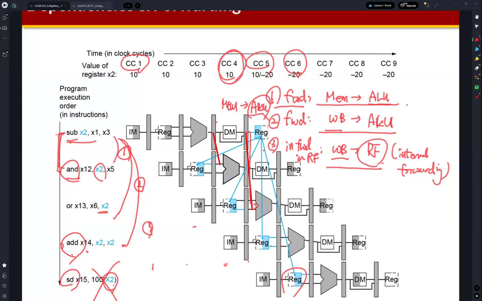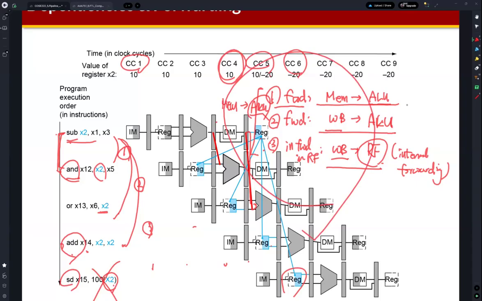So in order to handle the data hazard caused by the data dependencies, the pipelined CPU supports these three types of data forwarding.